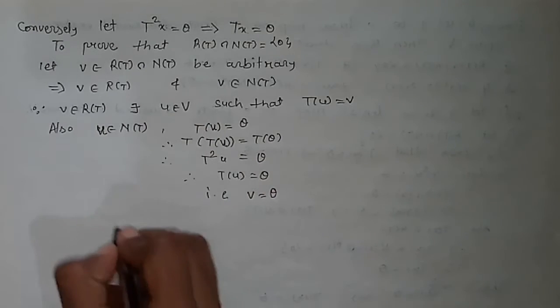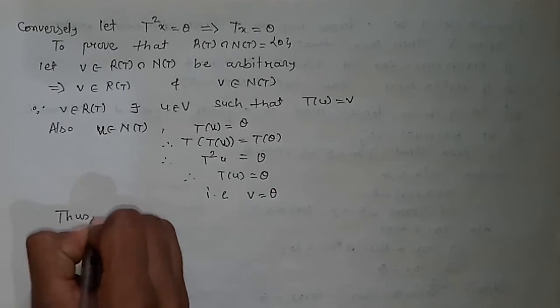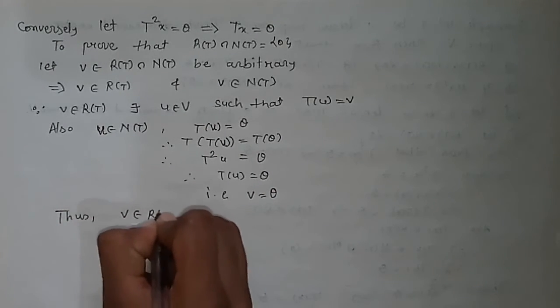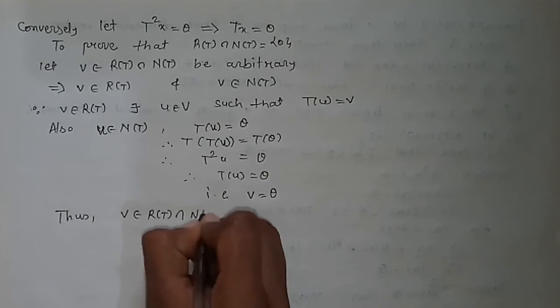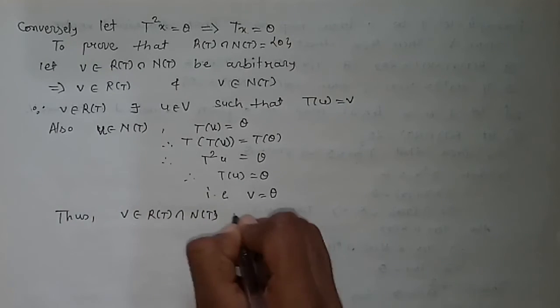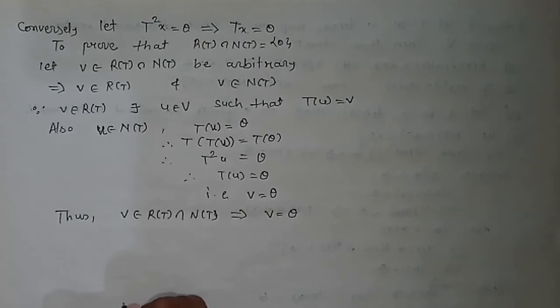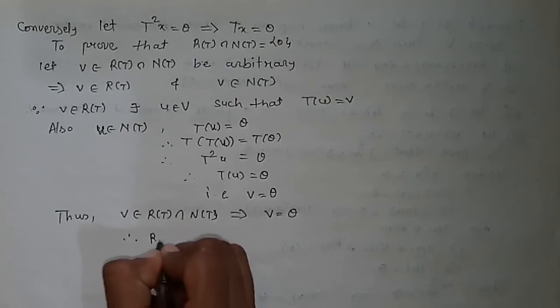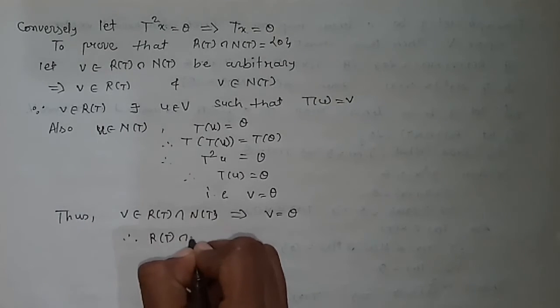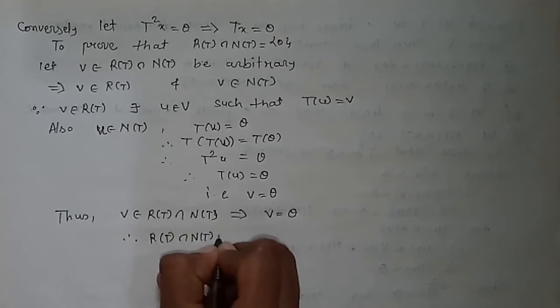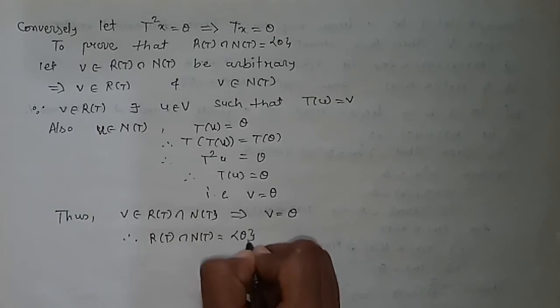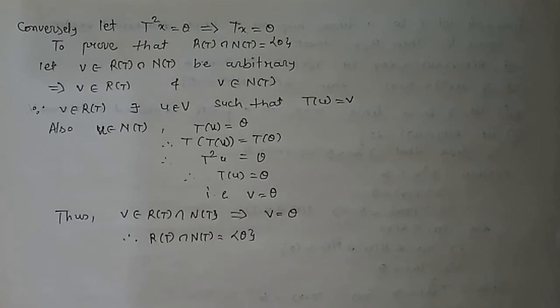Thus V belongs to R of T intersection N of T, which implies V is equal to theta. From this we can conclude that the intersection of R of T and N of T is the set containing only the zero element. So we have proved the first part.